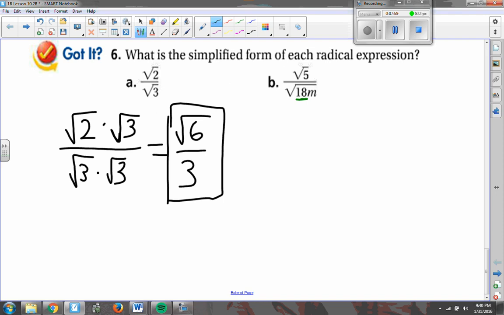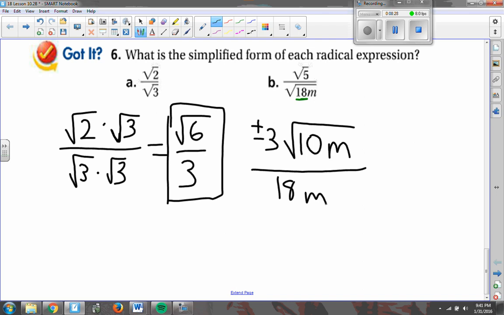Letter B, if I multiply top and bottom by square root of 18m, I know for sure there's going to be an m on the top under my square root. And let's see, I believe it's going to be 10 m's under the square root with a 3 outside. The bottom, obviously, the square roots cancel out.